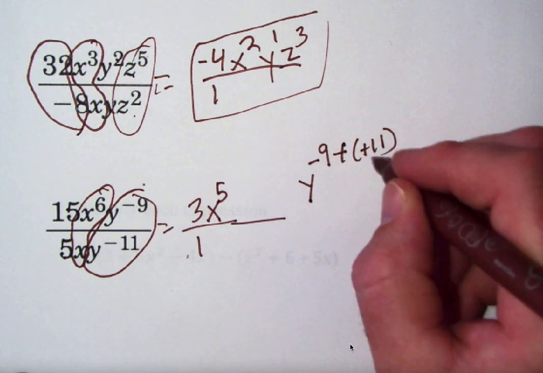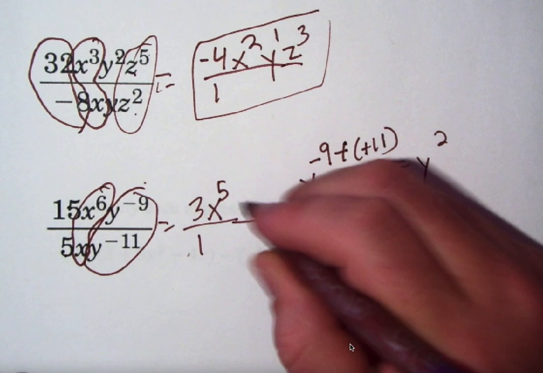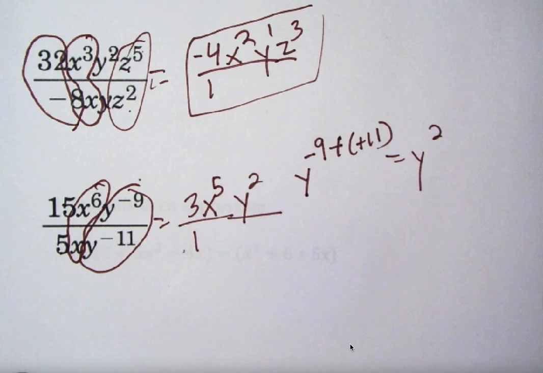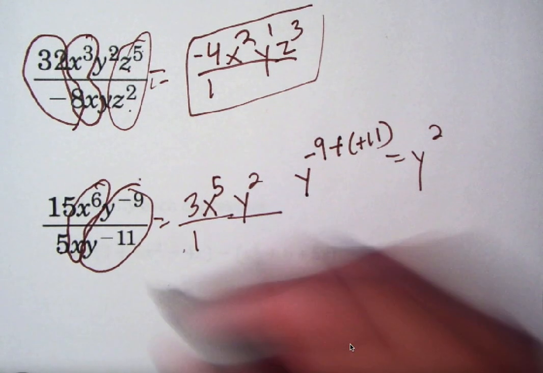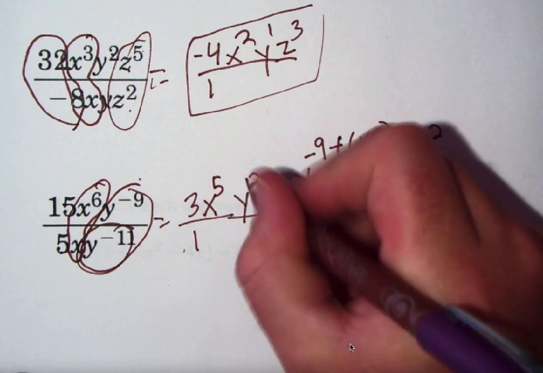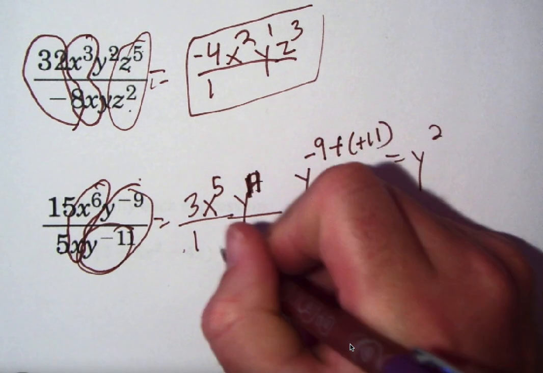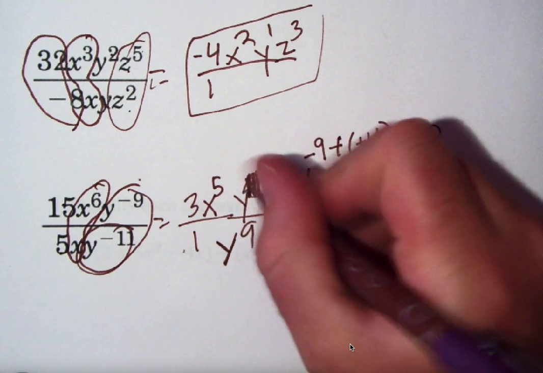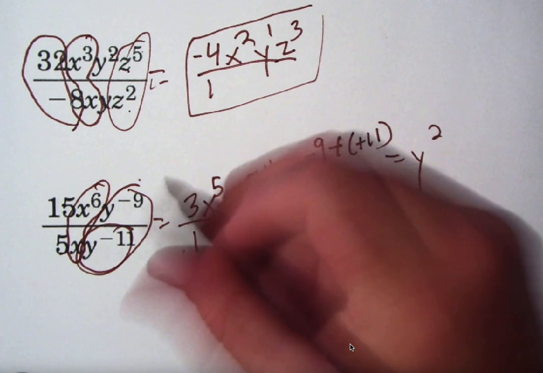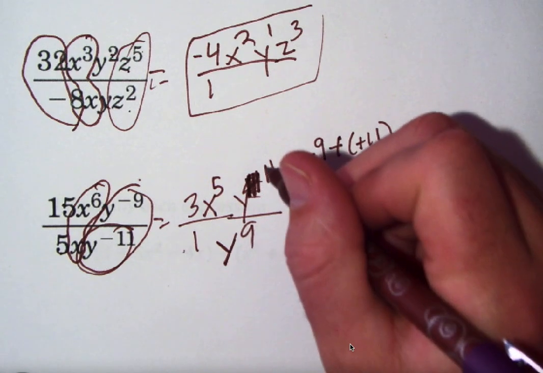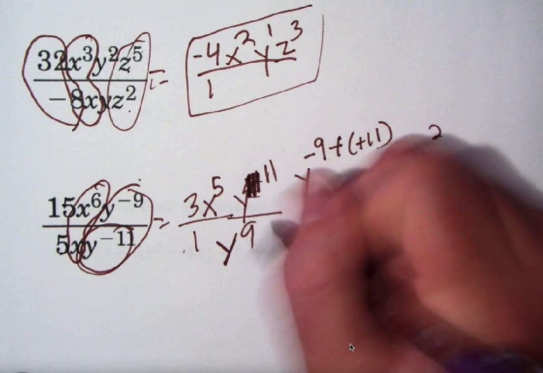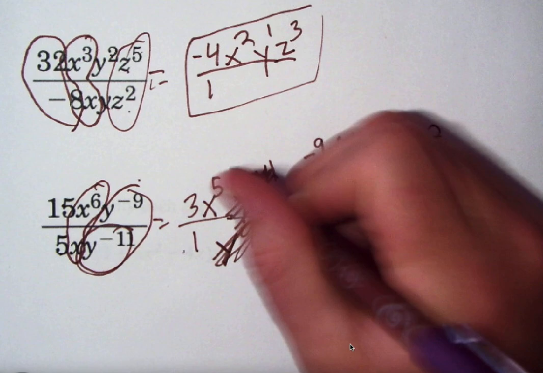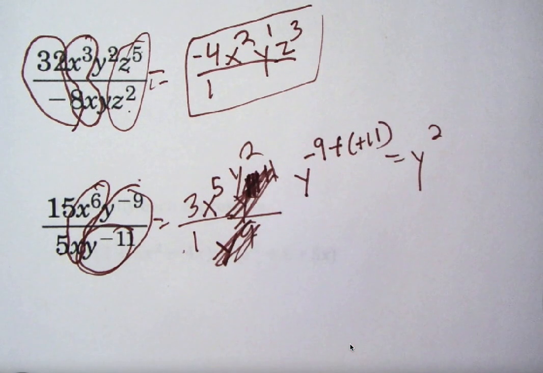So we add the exponents, so this gets y to the 2nd in the numerator. You could also shift that up as y to the 11th on top and y to the 9th on bottom. Right? You could shift these two, and then you can still see you have 11 y's on top, 9 y's in the bottom. You're left with y squared at the top.